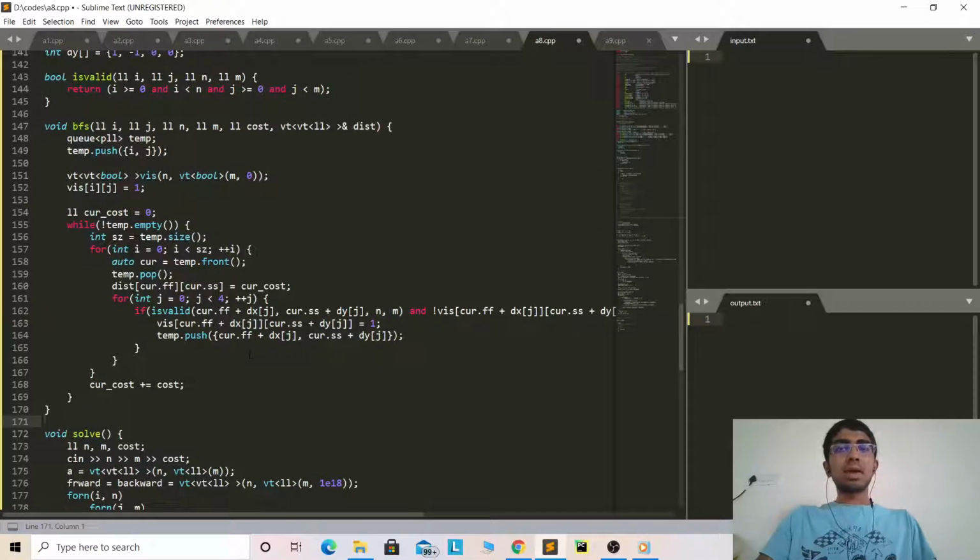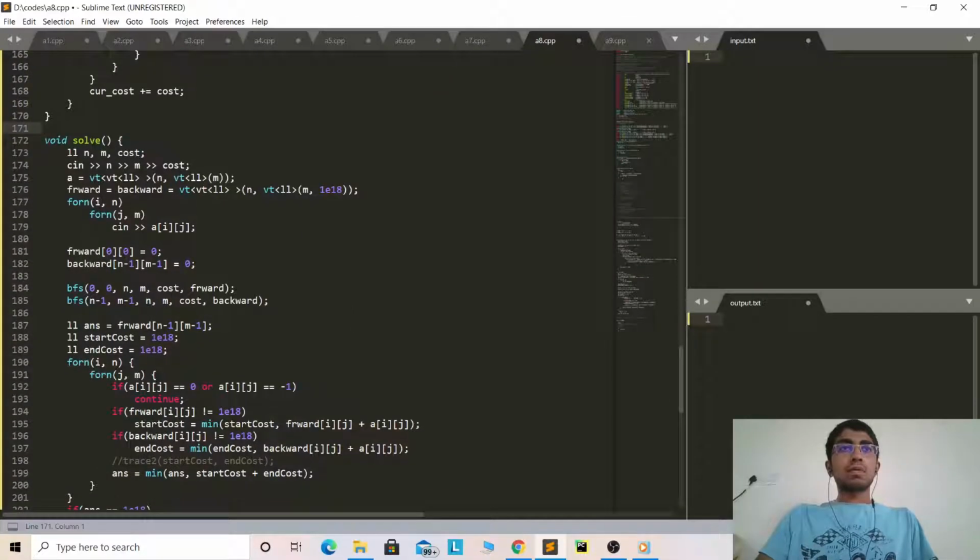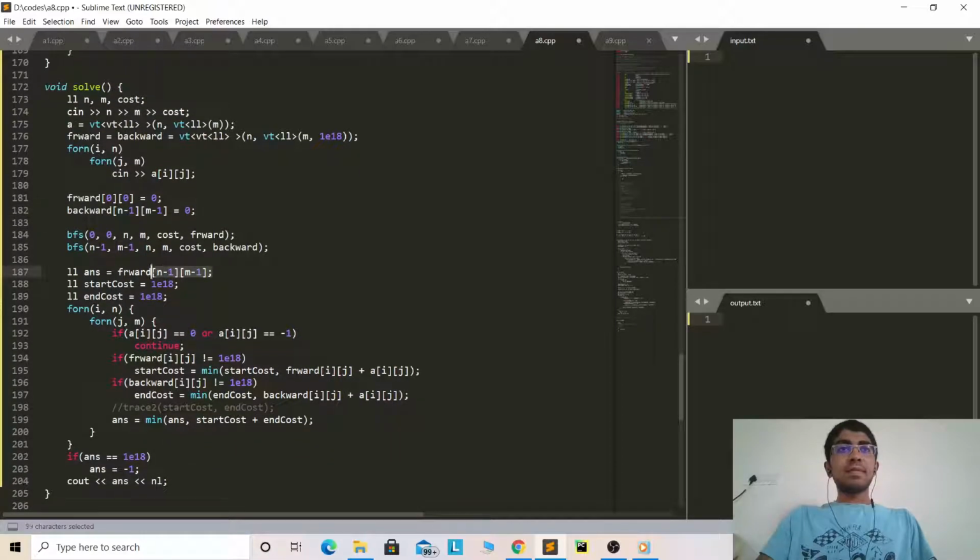By BFS we can easily calculate the cost of traveling for each cell. So the backward and forward arrays are filled, and initially we can initialize the answer to forward of n minus 1, m minus 1. That is the cost of going from 0, 0 to n minus 1, m minus 1, so that is the cost without using any portals.